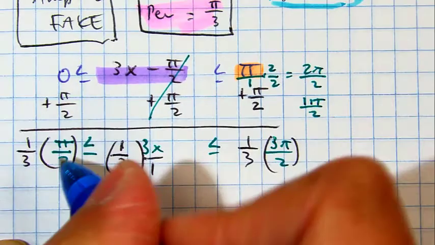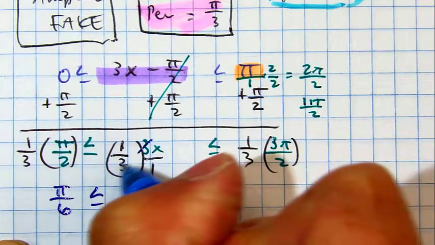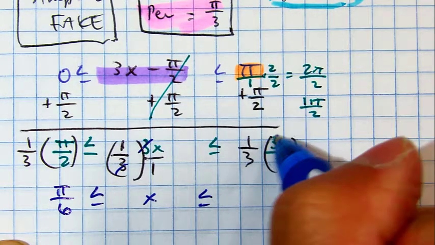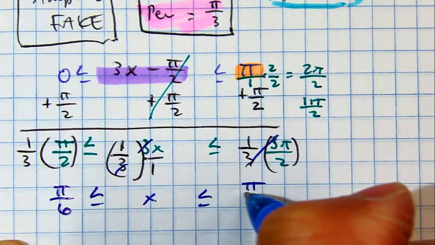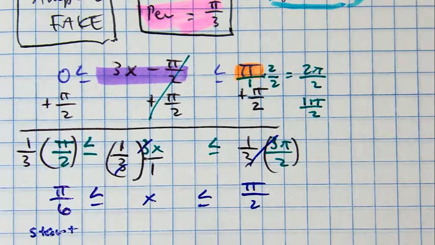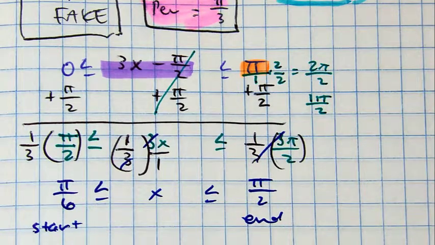Pi over 6 is less than or equal to x, which is less than or equal to pi over 2. So we're going to start at pi over 6, and we're going to end at pi over 2.